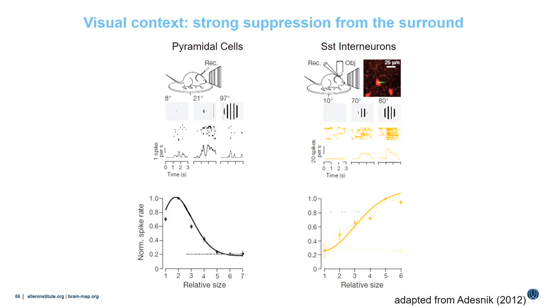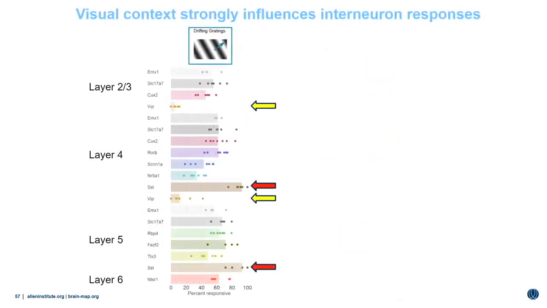So results like these around inhibitory neurons made us very interested and motivated to look very closely at the responses of inhibitory neurons in the Brain Observatory to our various types of stimuli. So here I'm showing the fraction of cells that respond to our drifting grating stimulus across all the different Cre lines, pointing out specifically our two inhibitory interneurons so far here.